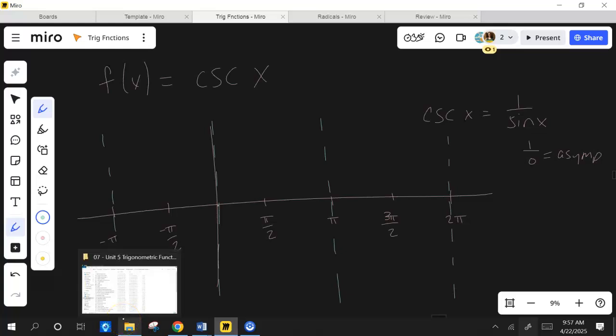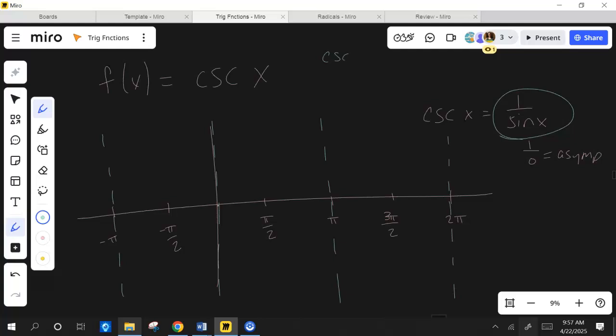Now do this. Remember, I'm flipping it over, right? Go to pi over 2 on your unit circle. Pi over 2 is right there. What is the sine value at pi over 2? 1. What is the reciprocal of 1? 1. If I flip 1 over, I get 1, right?